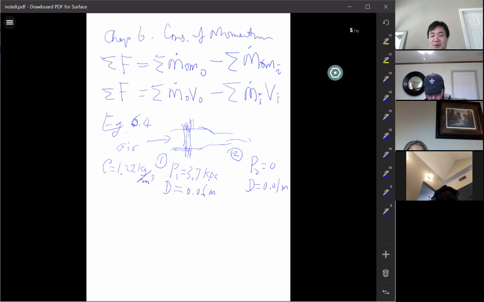Right now the flange is used to hold it. As an engineer, you need to calculate the required force to hold it. That's how I design a flange to make sure it's strong enough. This is the fundamental of conservation of momentum: the change of speed will result in forces. There will be a force here, that's why you need to hold it. So what is the force required to hold it here?